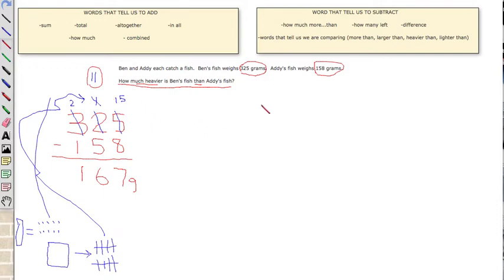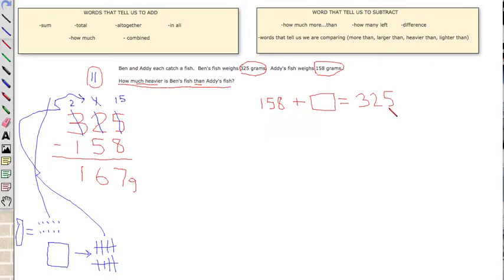Now, another way that you can do this problem to find the difference, really what we're saying here is we have 158, and we know that there's another number out there, and together these numbers are going to make 325.